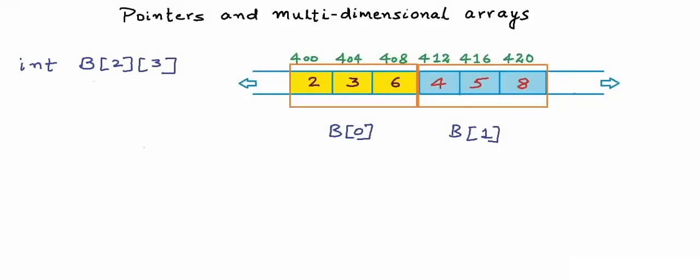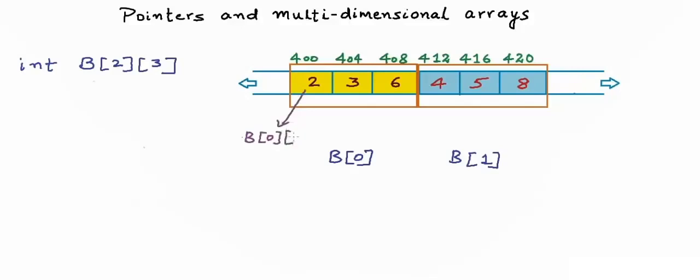Now let's look at this. B0 is from byte address 400 till 411. We have 3 integers and we have 4 bytes for each integer. The first integer that we can access as element at 0th index of B0 is taking 4 bytes, starting address 400.